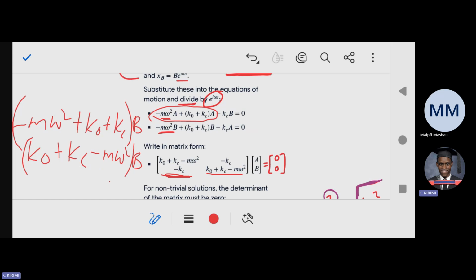In the first position, you put the expression that is being multiplied by A, because it's the first term multiplied by the first one. This term is multiplied by A, then the second term is multiplied by the one at the bottom of the matrix. That's why we didn't start with M omega B here.